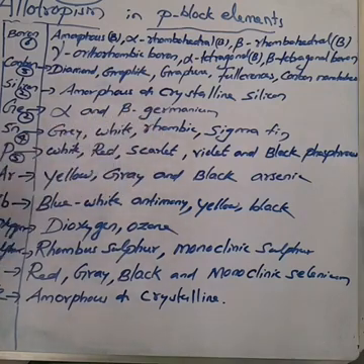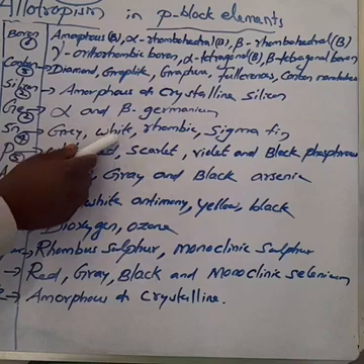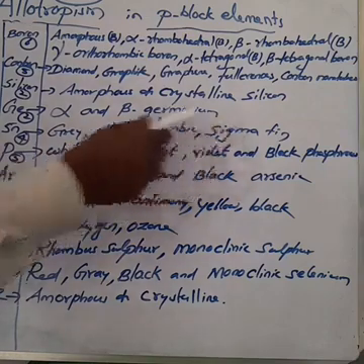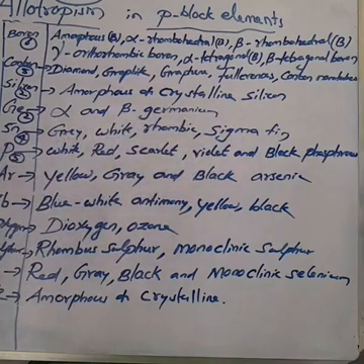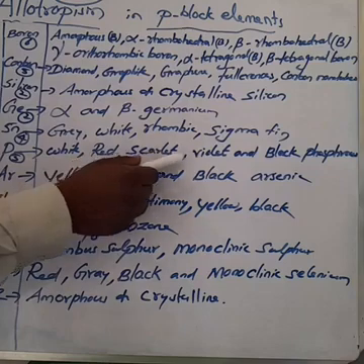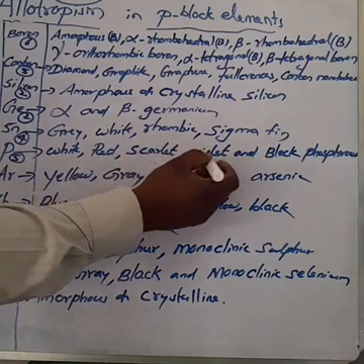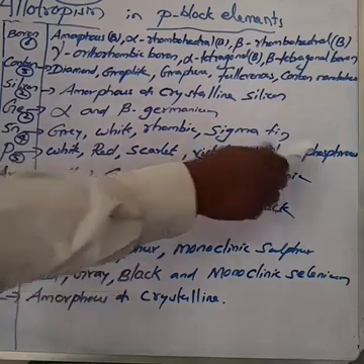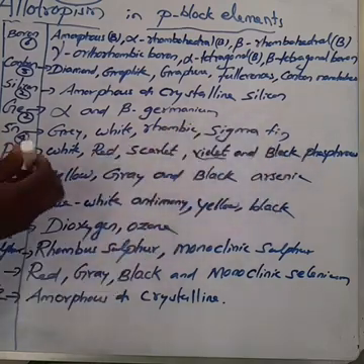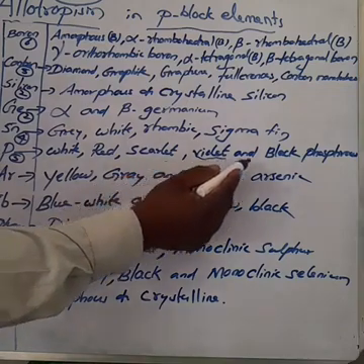Tin exists in 4 allotropic forms: grey tin, white tin, rhombic tin and sigma tin. Phosphorus exists in 5 allotropic forms: white phosphorus, red phosphorus, scarlet phosphorus, violet phosphorus and black phosphorus.